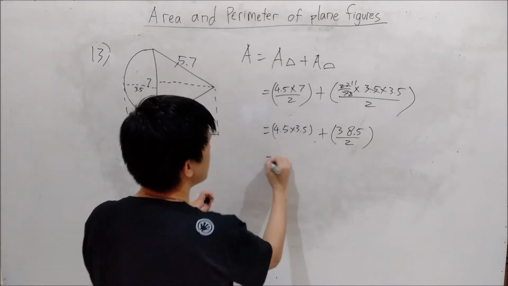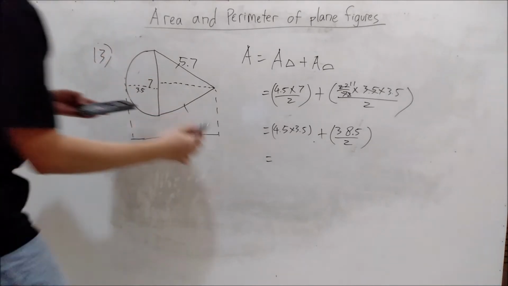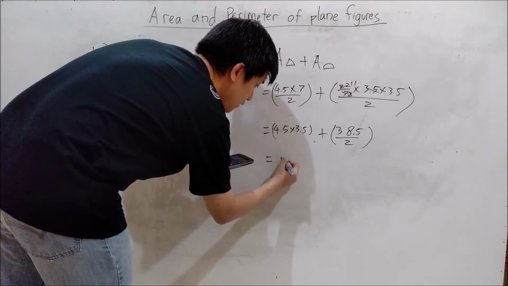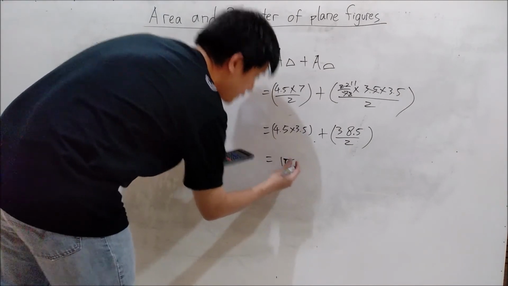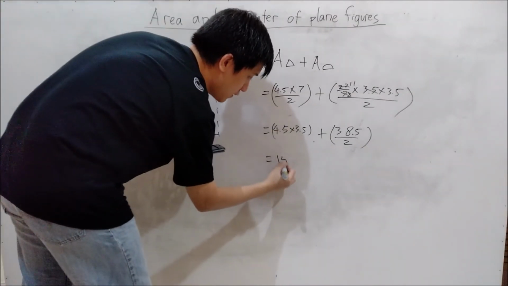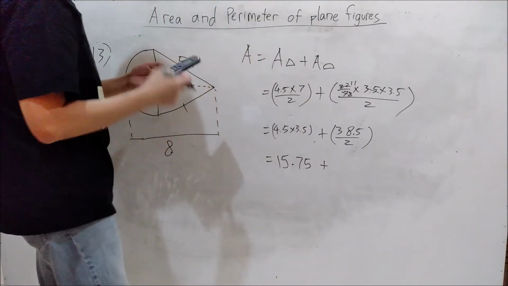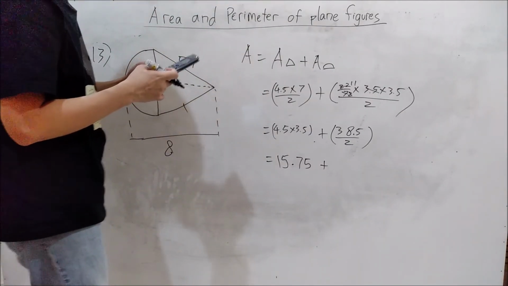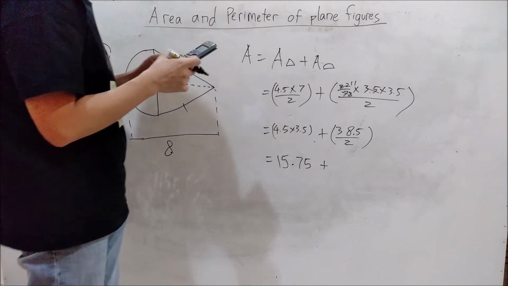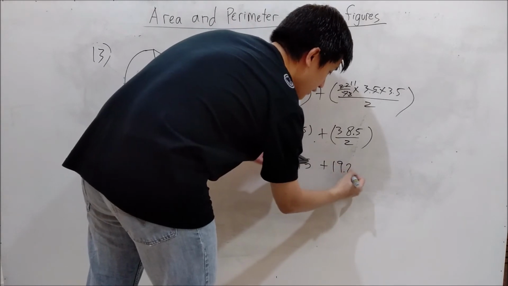You count this manually, or if you use a calculator, 4.5 times 3.5 gives you 15.75, plus 38.5 divided by 2, which is 19.25.